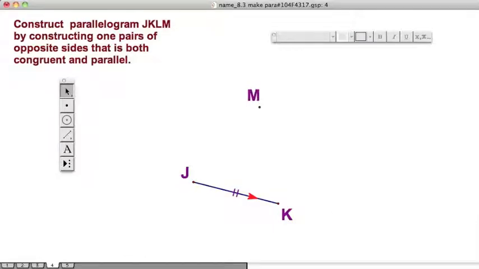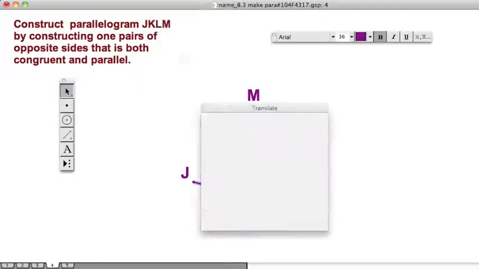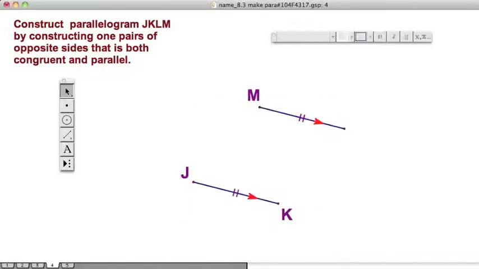And of course, all we have to do is translate this image. So as far as the Sketchpad construction, we're going to select from J to M, mark our vector, sweep, hold down, so you select all the items, and translate by marked vector.